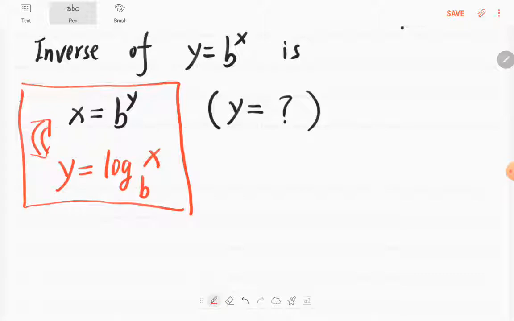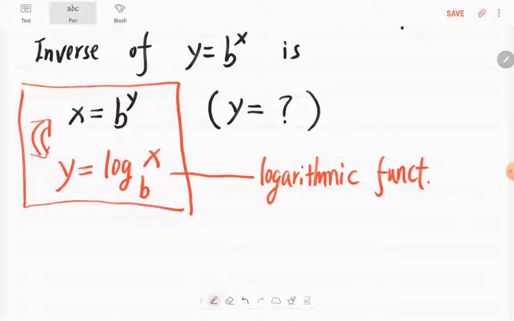So this is called the exponential form, and this is called the logarithmic form. This is called the logarithmic function.